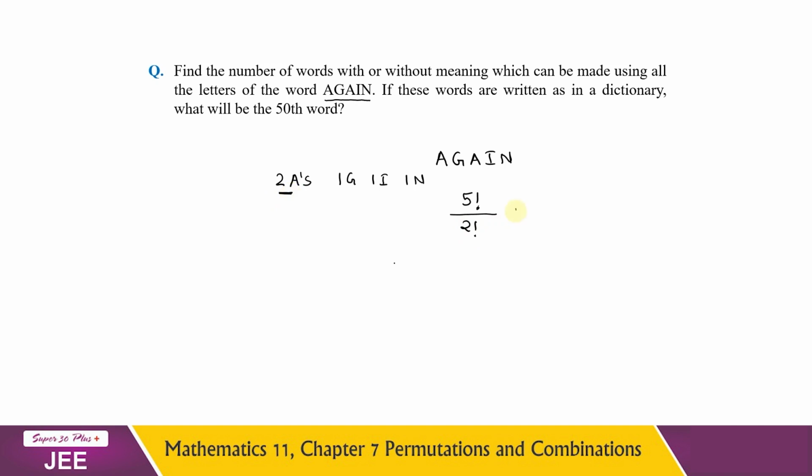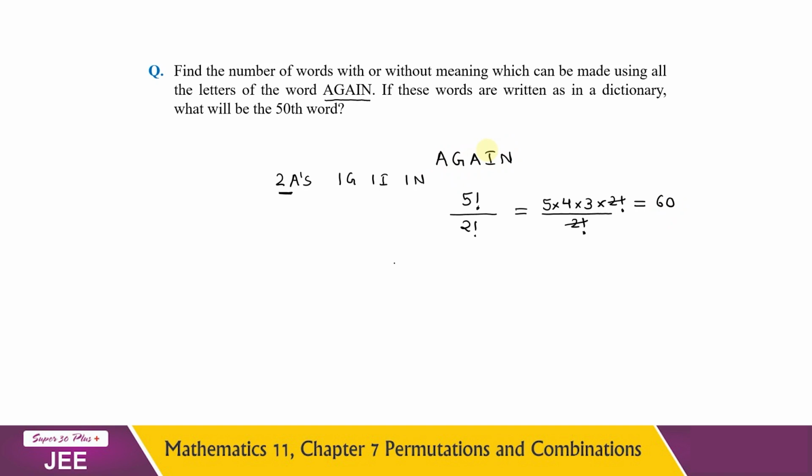This is equal to 5 into 4 into 3 multiplied by 2 factorial and divided by 2 factorial. So the answer is 60. The total number of words with or without meaning that can be formed using all the letters of the word AGAIN is 60.